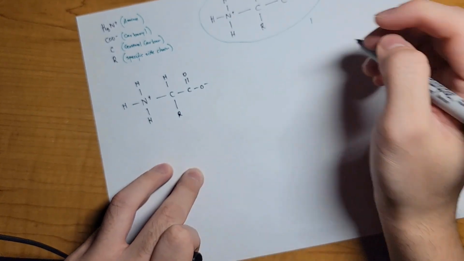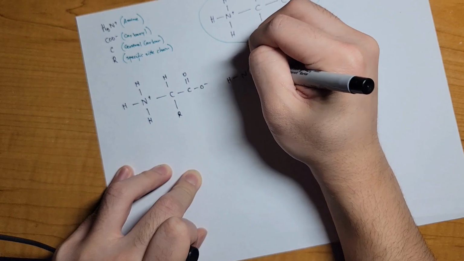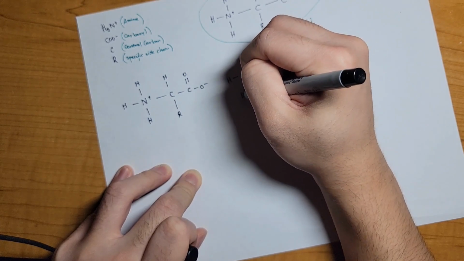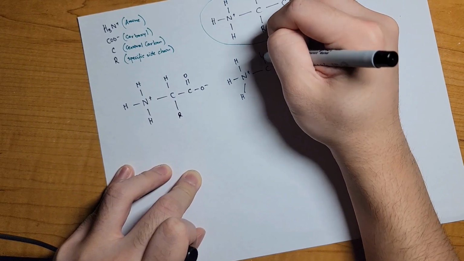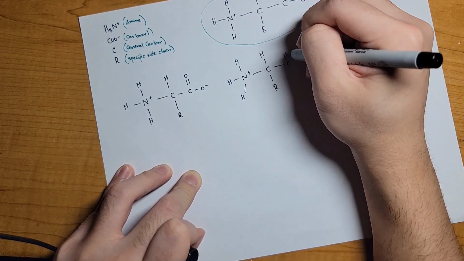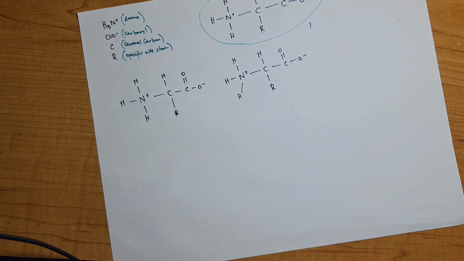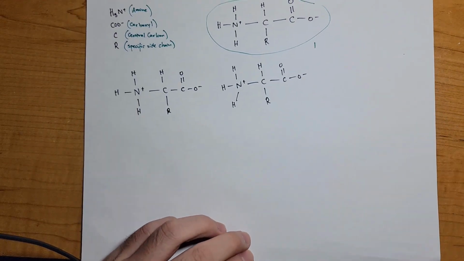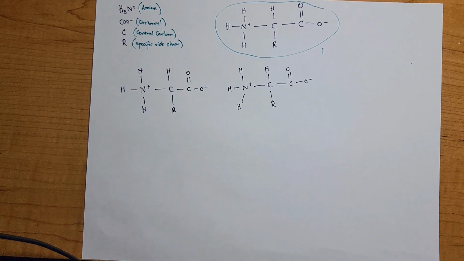That's one amino acid, and then I have another amino acid over here: central carbon, hydrogen, R group, another carboxyl. Alright, so what happens is that we lose a water, or H2O, every time a peptide bond is formed.